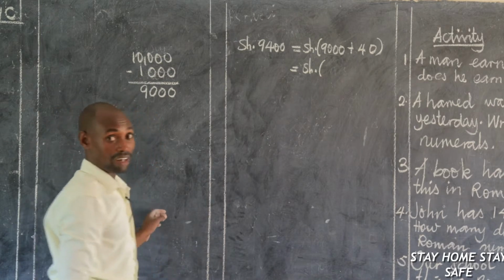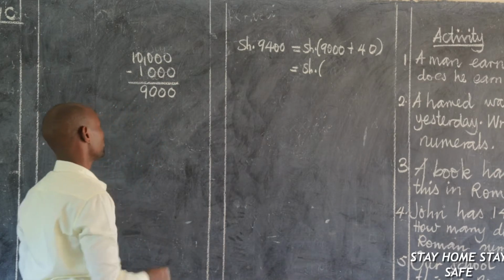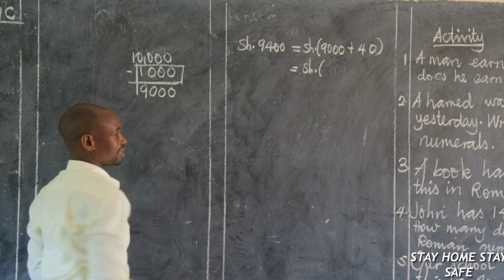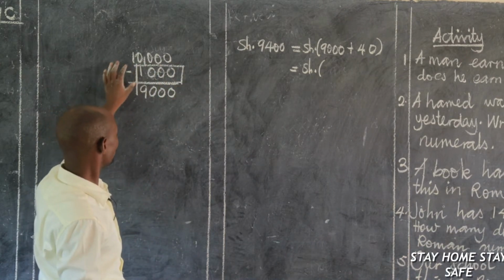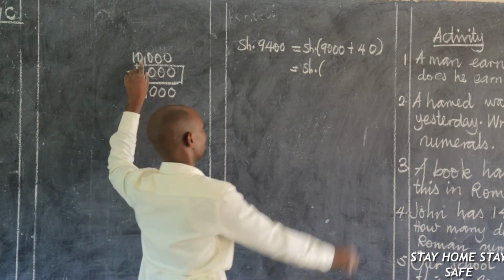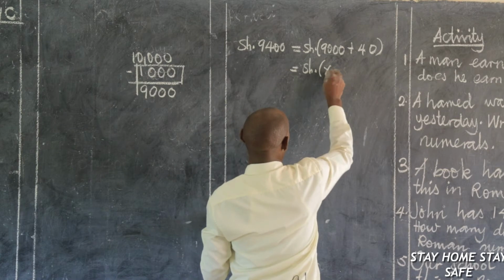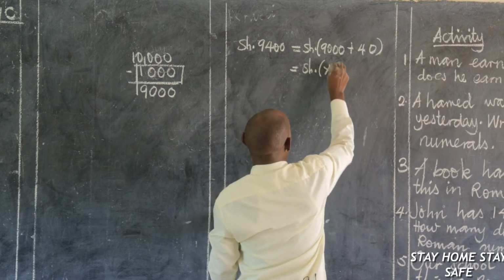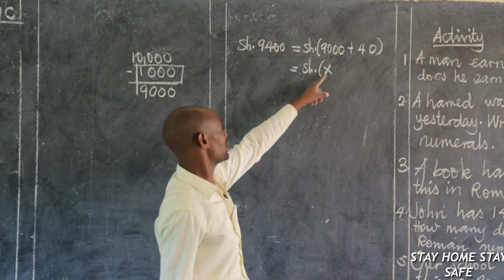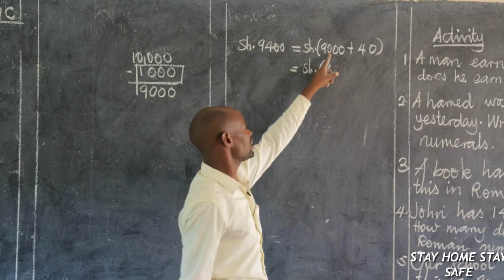But according to the Roman numerals which I gave you, the highest is supposed to be 1,000. So since we have now gone to 10,000, how do we write 10,000? 10,000 is going to be X, which is 10. What do you multiply by 10 to get 9,000?